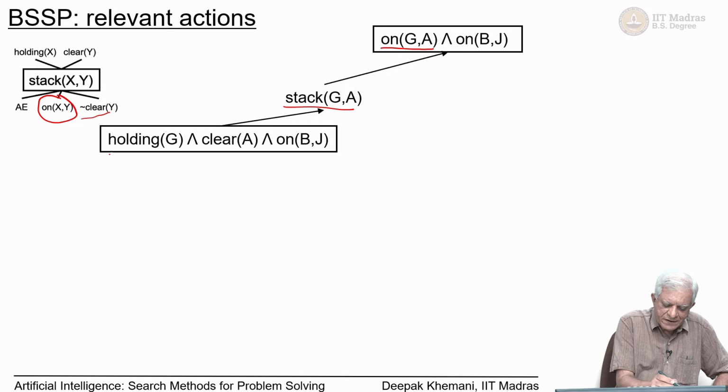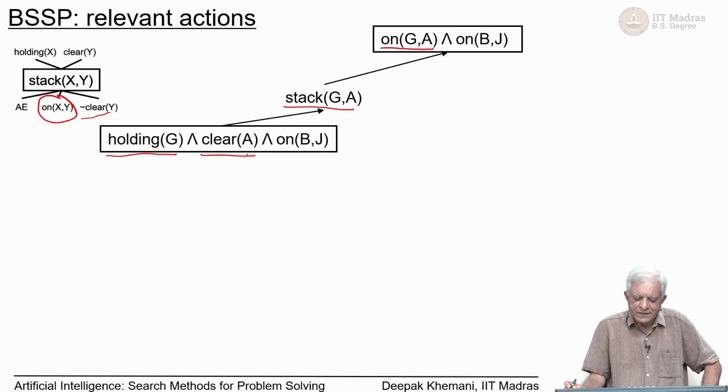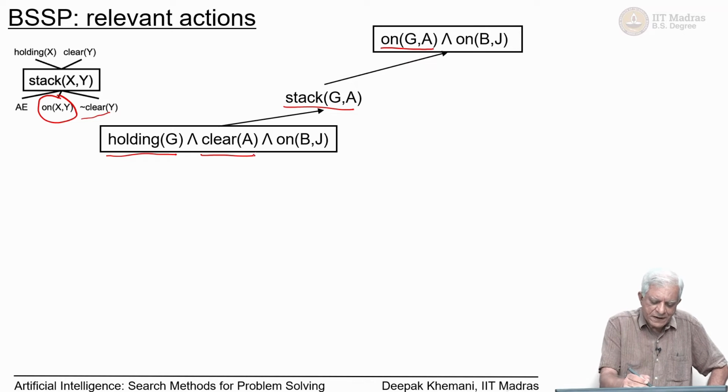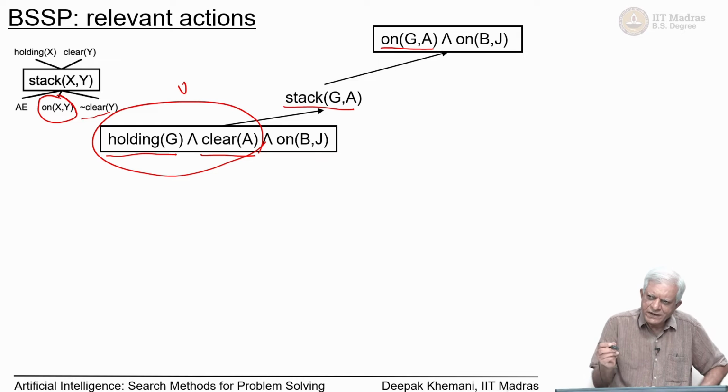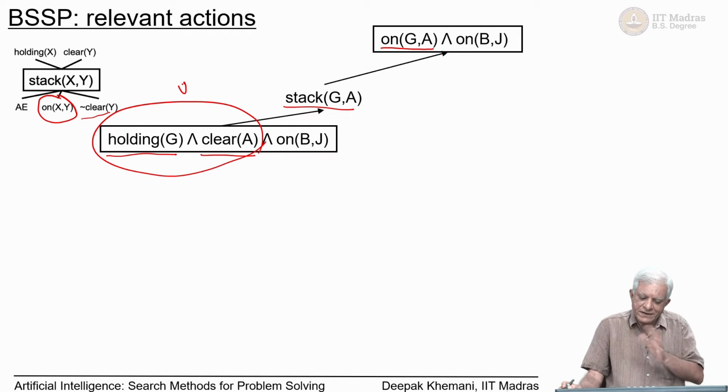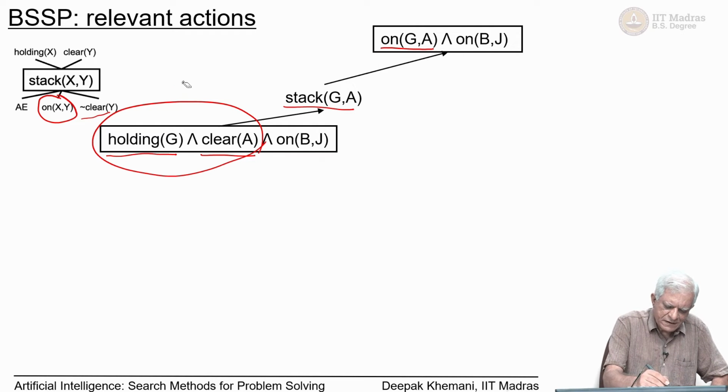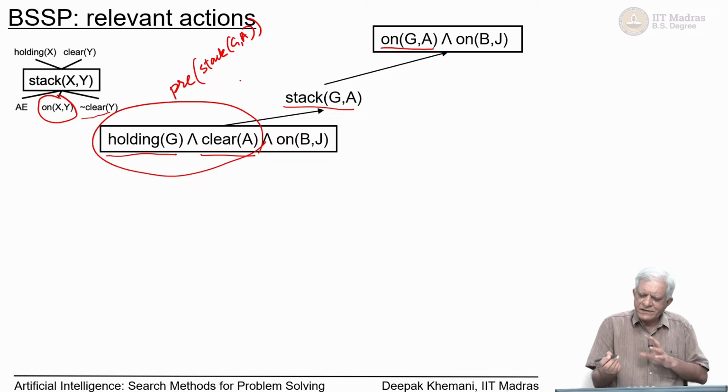That you must be holding G and A must be clear. So this part is added, which is what we said, that you take the union of something and the preconditions of the action. So this part are the preconditions of this action stack G comma A, and we have added it to the goal.